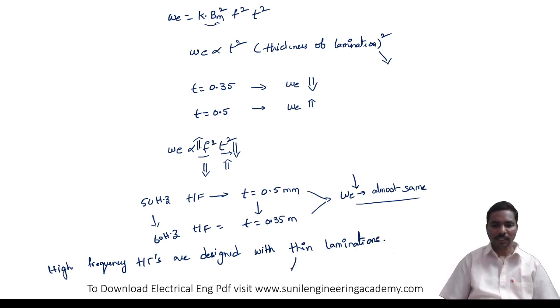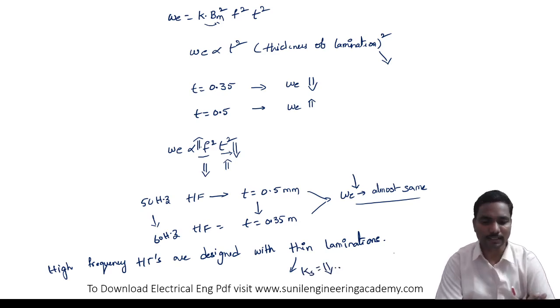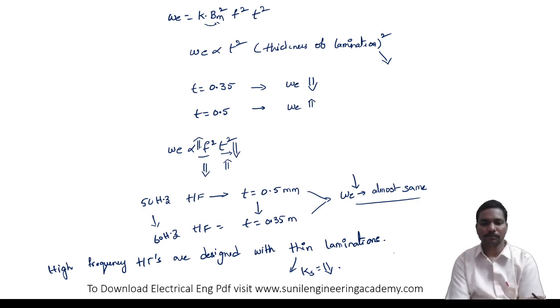Whenever the laminations are thin, the area of the insulating material is less. So that means the stacking factor Ks is somewhat less. You know very well Ks is always A net by A gross.